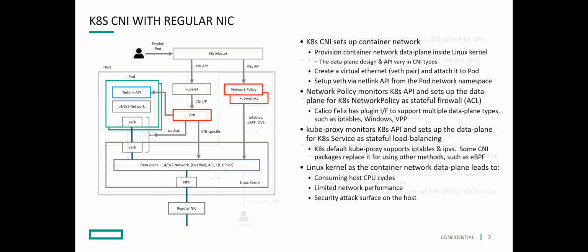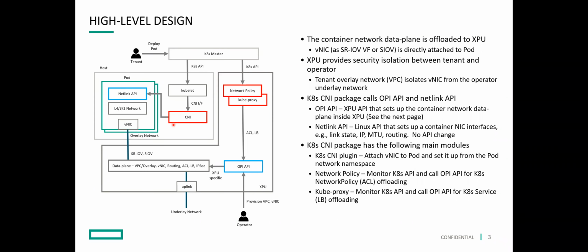Okay, let me explain first. So this design provides multiple things. One is the data plane is offloaded. And this also provides the security isolation between the tenant side and operator side, or between the host side and XPU side, by providing the overlay network, or VPC, isolating the tenant network from the operator underlay network.